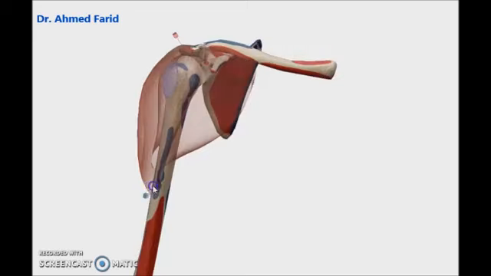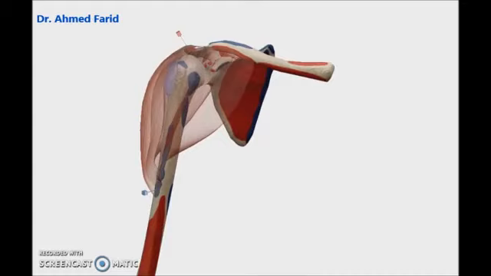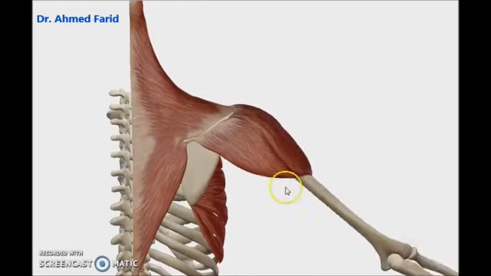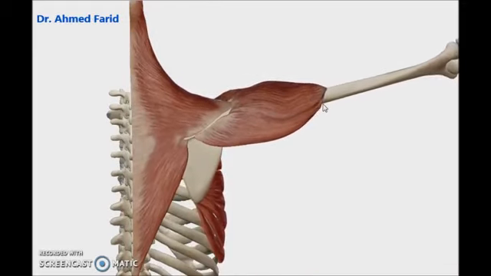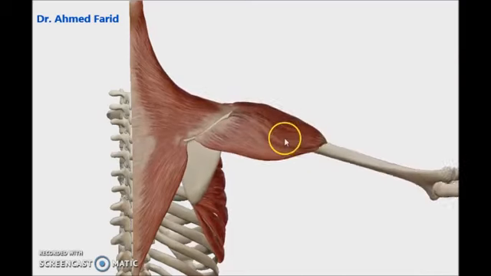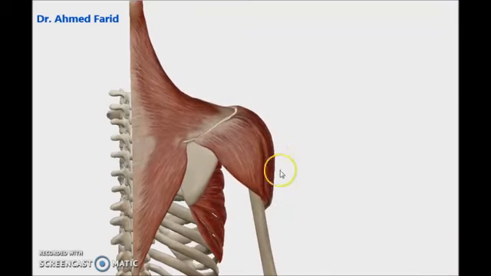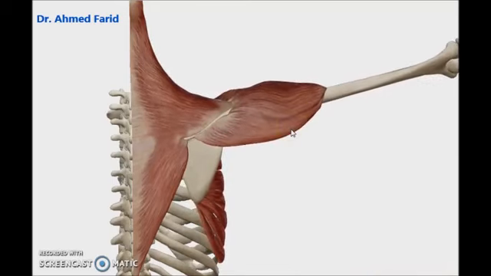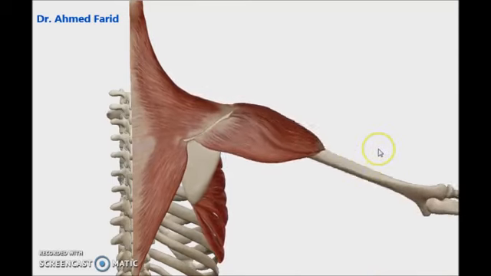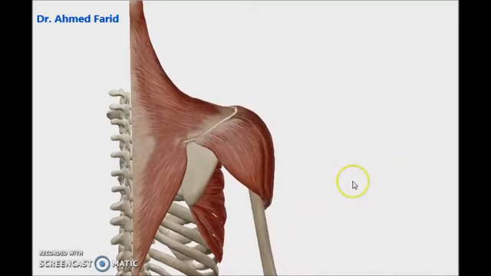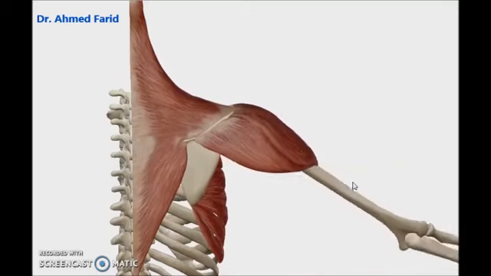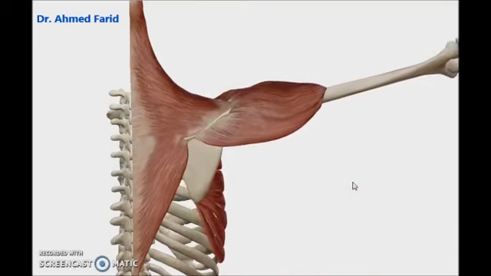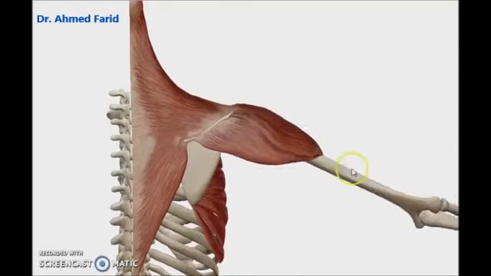So the main action of deltoid will be abduction of the humerus at the shoulder joint, as you see. And in the literature, you will find that abduction of the humerus by deltoid is done from 15 degrees to 90 degrees. And after a few minutes, I will show the muscle that will initiate the abduction of the shoulder.